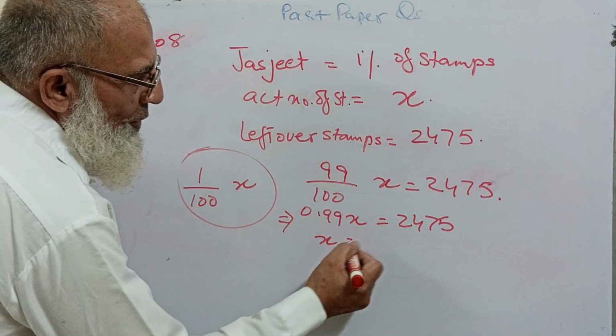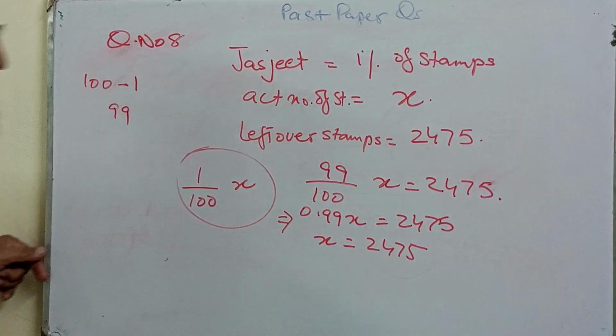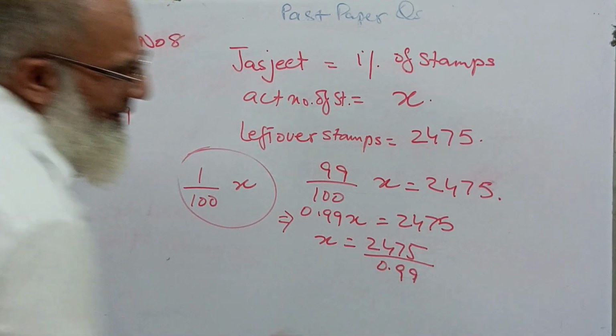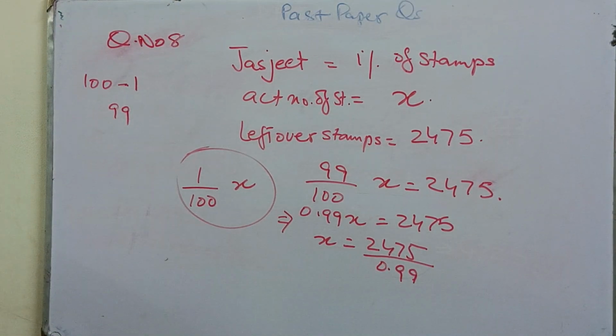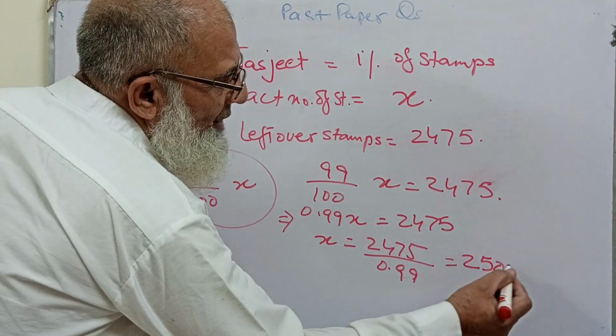So X is equal to 2475 divided by 0.99. So you will get the actual answer. It will become 2475 divided by 0.99. So the answer is 2500 stamps.